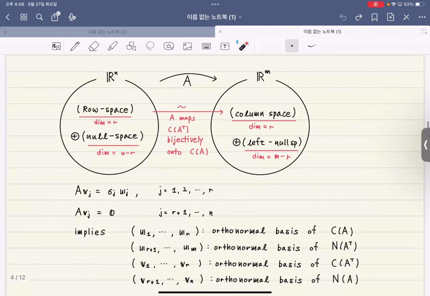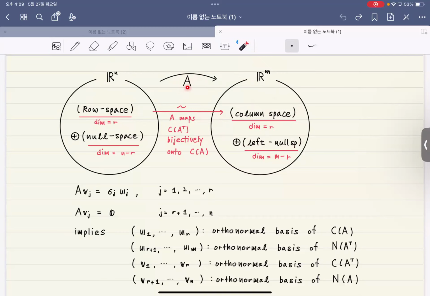So I believe this is the right time to give you a brief summary of what we have been doing so far. So this is the domain. If A is an m by n matrix, then the domain is the n-dimensional vector space, and the codomain is the m-dimensional vector space. The domain has this direct sum decomposition of the row space and the null space, and the codomain has the direct sum decomposition of the column space and the left null space.